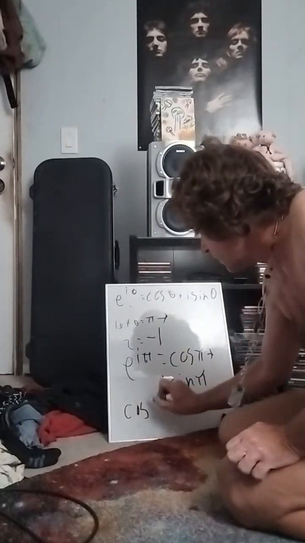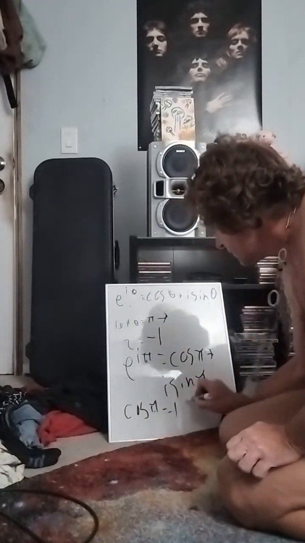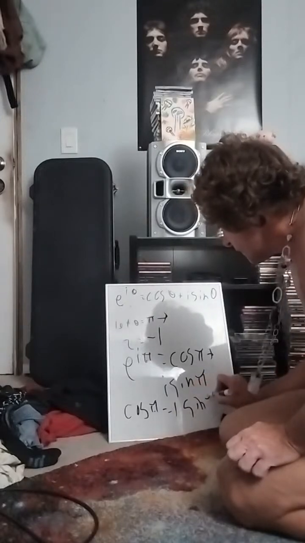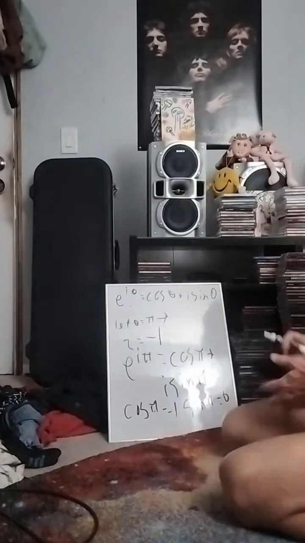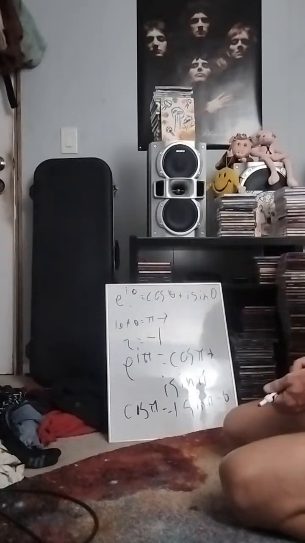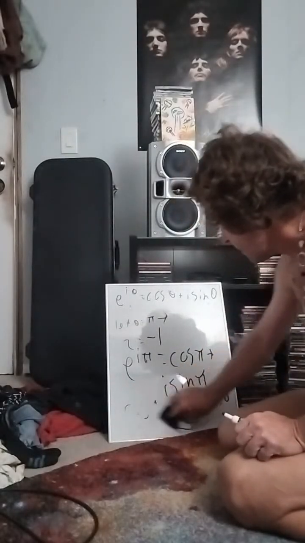Cosine pi equals -1 and sine pi equals 0, based on trig definitions.